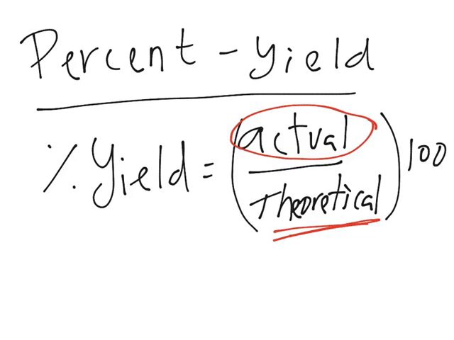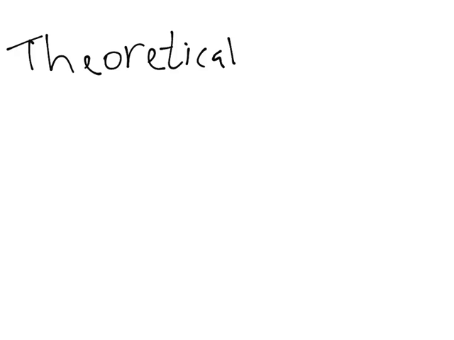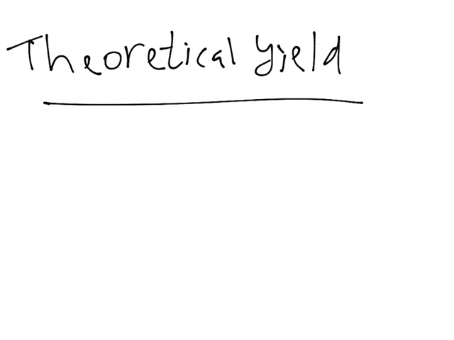Before I get started on showing you how to obtain it, let's talk a little bit more about what actual and theoretical yields are. The theoretical yield is simply the product yield, assuming there are no errors, assuming it's a perfect reaction, that there are no errors committed throughout the whole process.